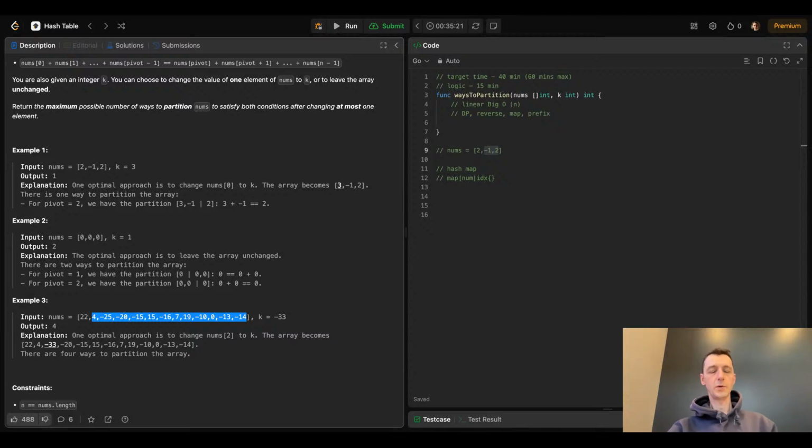If we were to change one of the values to k, we will need to know the difference and adjust the total sum with that.